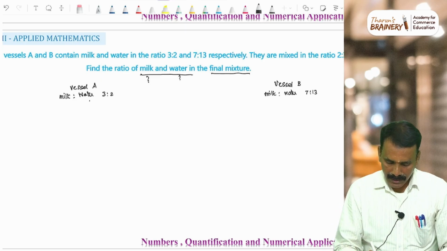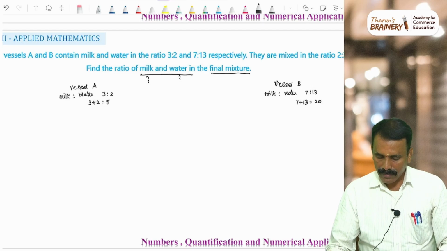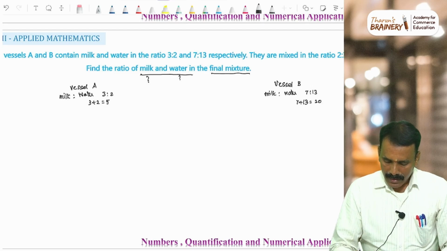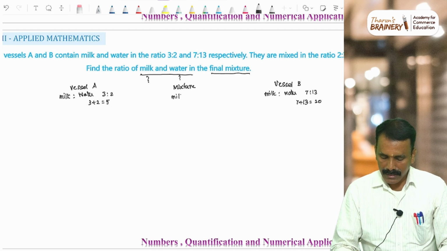And here it is 3 plus 2, the total ratio will be 5. Here 7 plus 13, that is equal to 20. And in the mixture, we don't know the ratio in which the milk and water are going to be present.